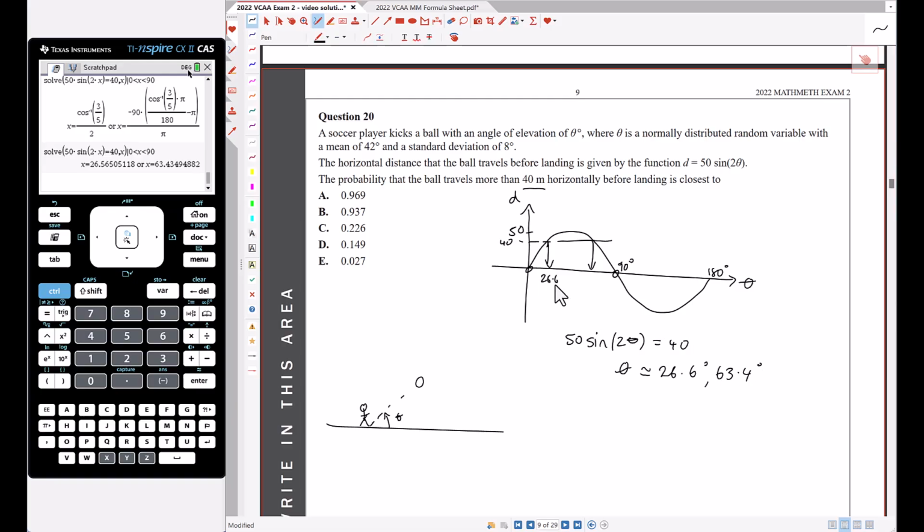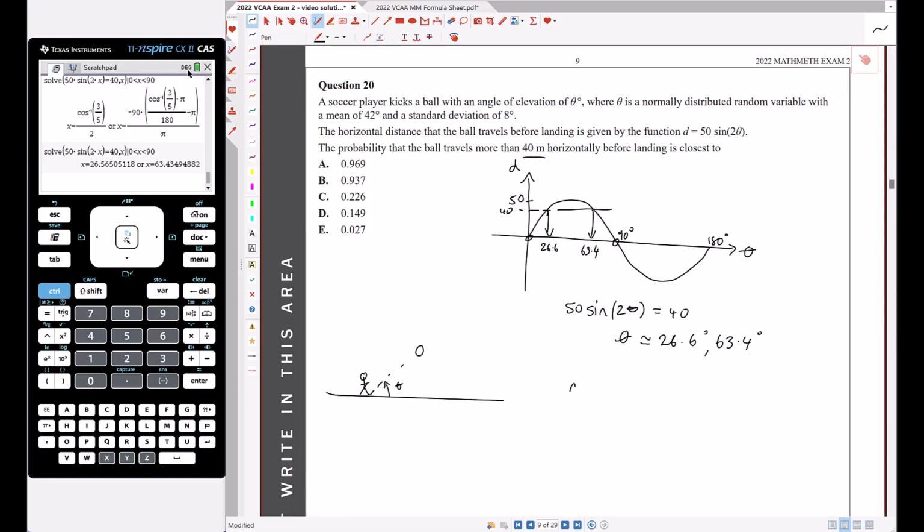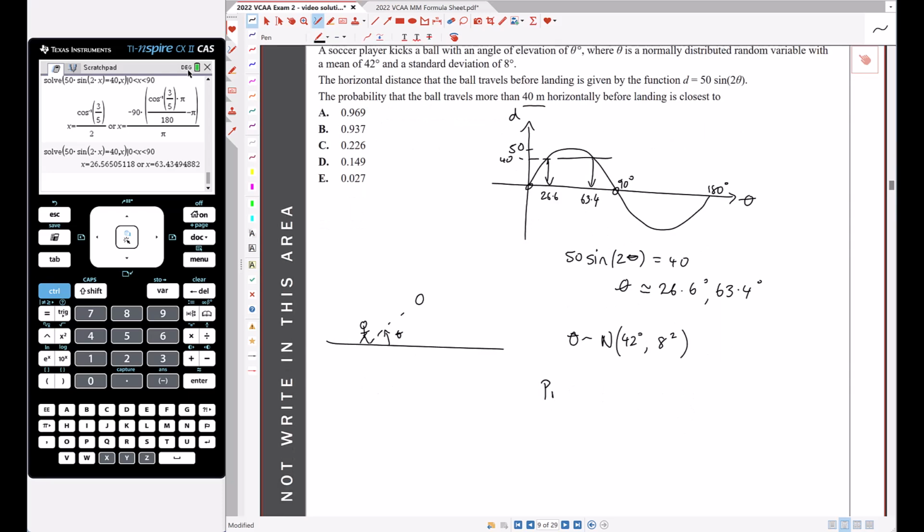Alright, so then theta is a normally distributed variable with a mean of 42 and a standard deviation of 8. And we want therefore to know the probability that theta is between 26.6 and 63.4, because those are the angles that give me a distance of more than 40 meters.